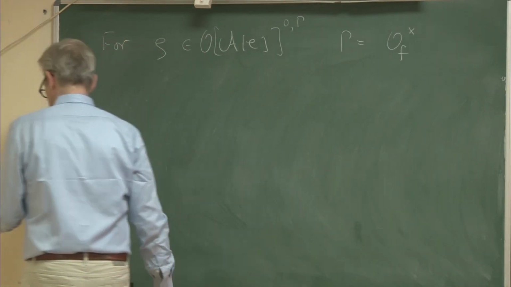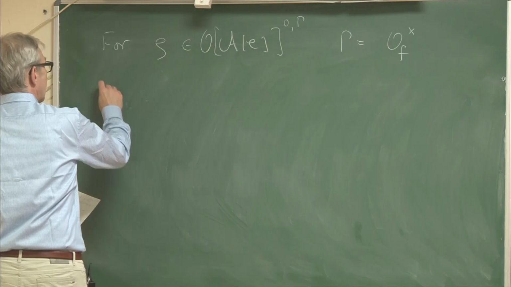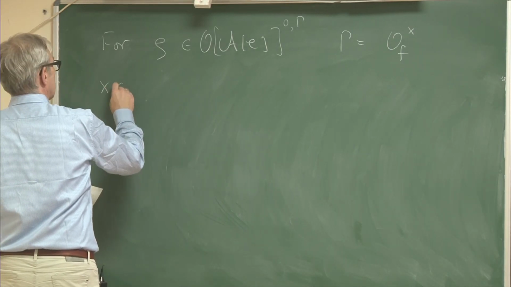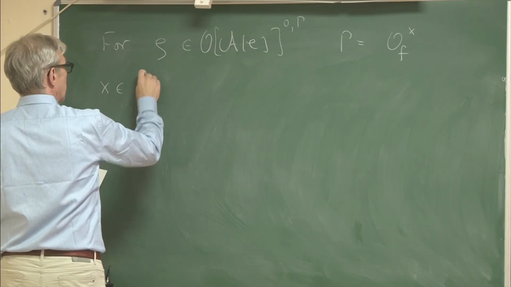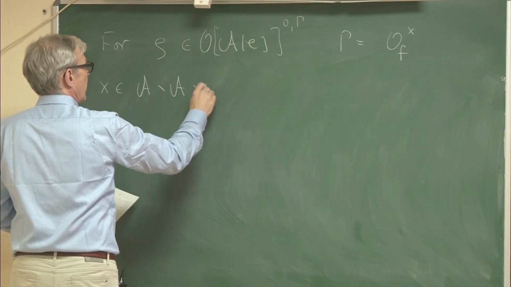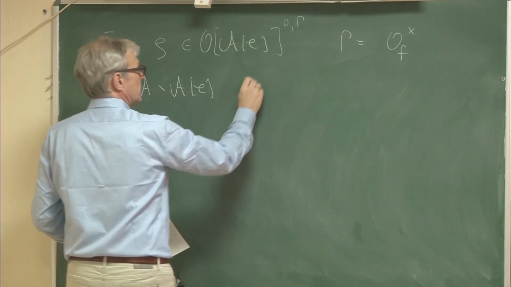F was this ideal, and we have x, an F torsion point on A without C, F torsion.